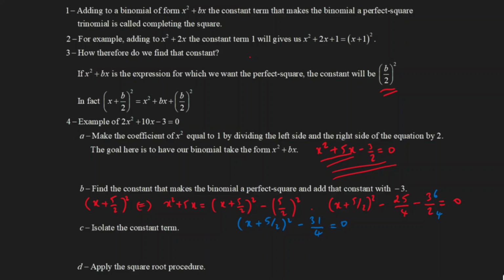The only thing we'll have to do now is isolate the constant term. What is the constant term here? It is negative 31 divided by 4. So by isolating, we'll have x plus 5 divided by 2 squared equal to 31 divided by 4.